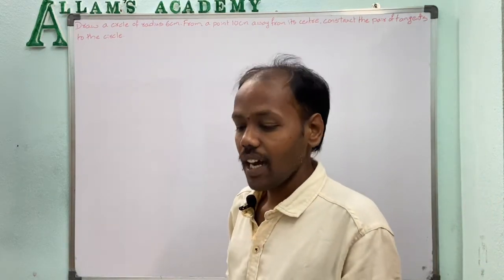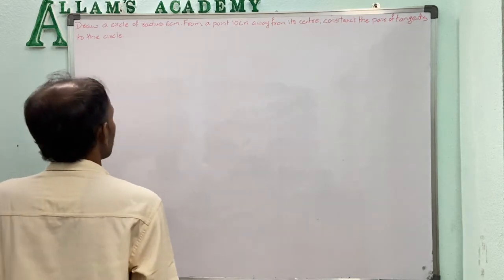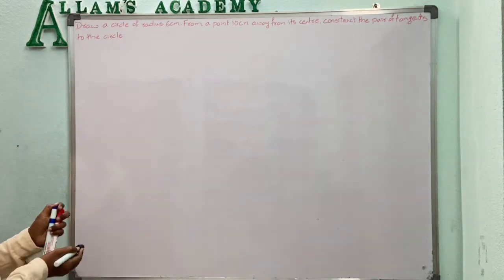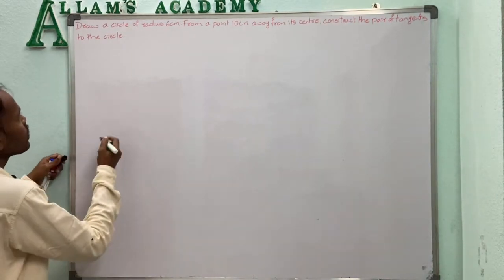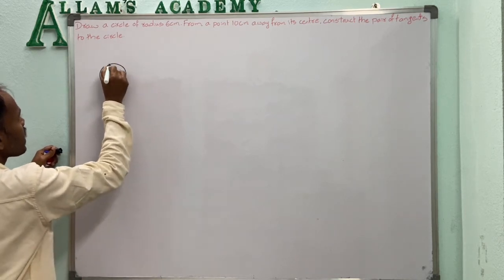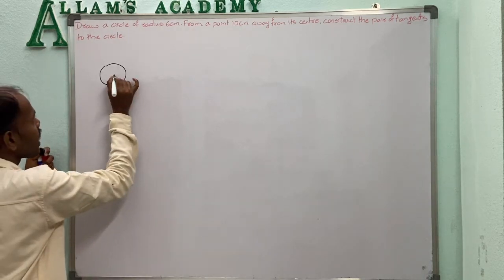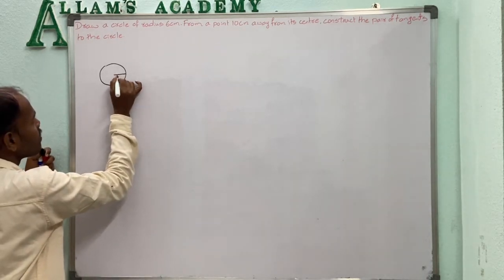For constructing that, how do we draw? First, if we observe the rough diagram, we have to take a circle with radius 6 centimeters.